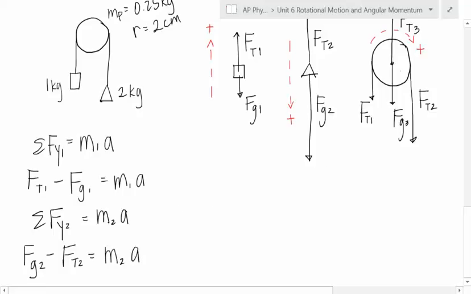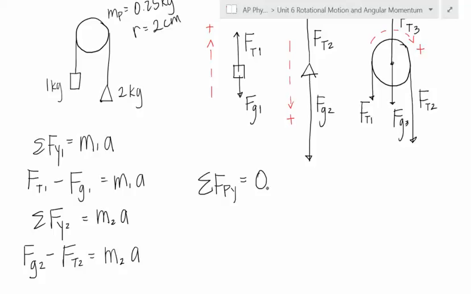And then if you wanted to, because sometimes you might be asked, summing the forces on the pulley itself in the y direction would be balanced. The linear forces are balanced. Unless that pulley is falling out of the sky or rising up in an elevator, all the linear forces on the pulley are balanced. The pulley does not have a linear acceleration. It is not going to translate.